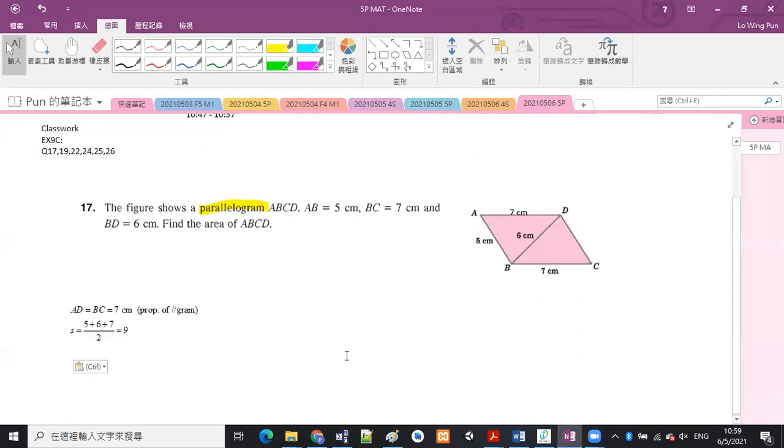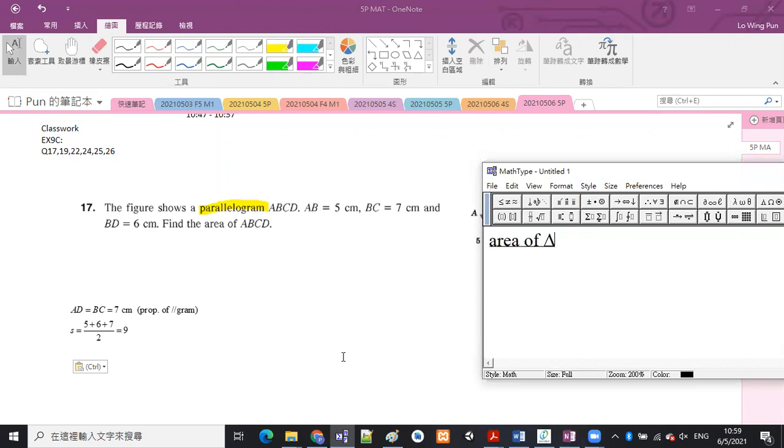And then the area of triangle ABD should be equal to a long square root.